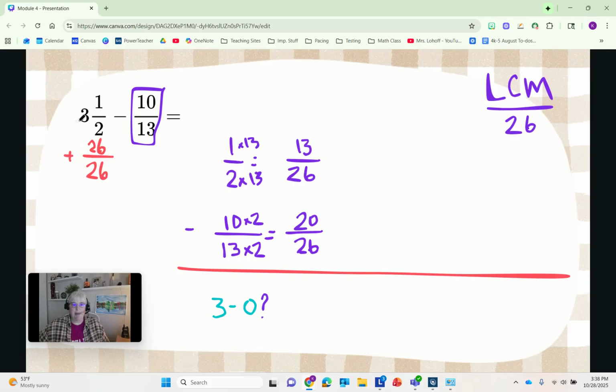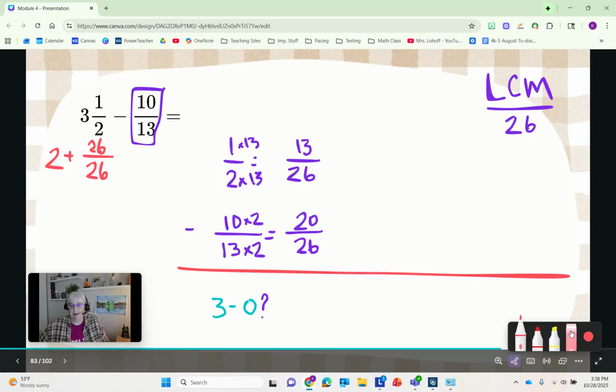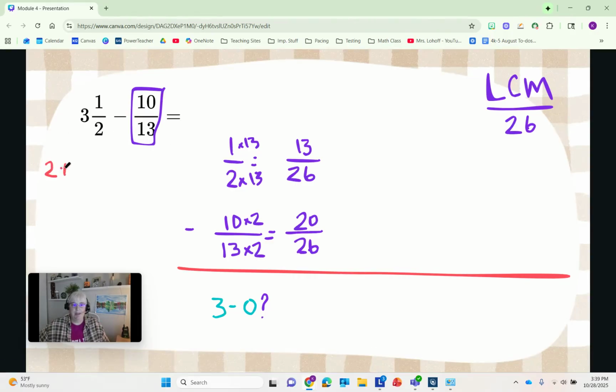And instead of 3, I had to take 1 away. Let me try this a different way. Okay, I'm going to take 1 away from 3, so I'll have 2 plus 1 plus 1/2, which we know is the same as 13/26.